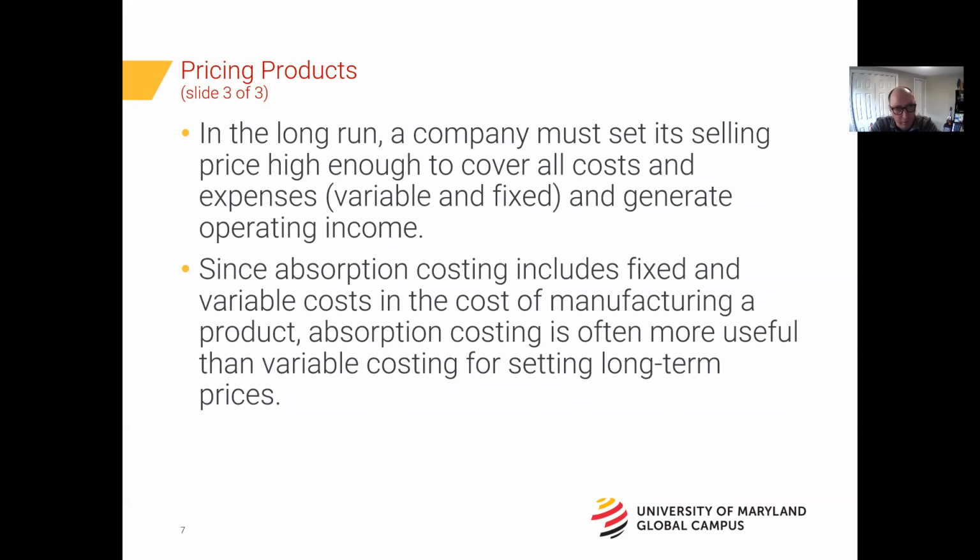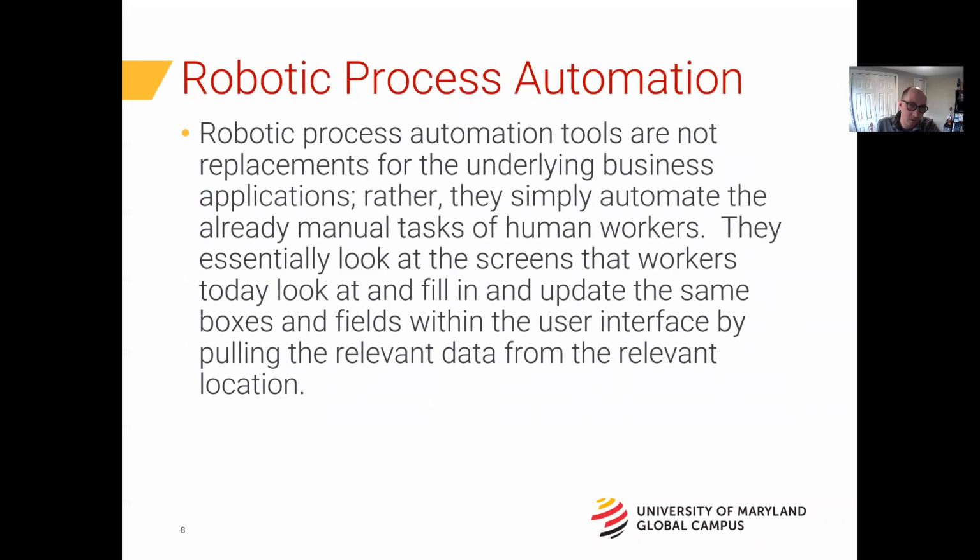So in the long run, we take into consideration the variable costing model that we talked about in our previous session, and in the short term, we take into consideration absorption costing. And that's how we set prices for our products. So that's pricing.